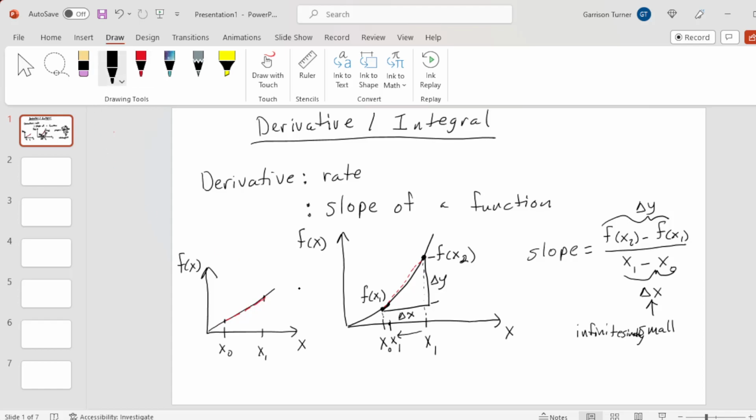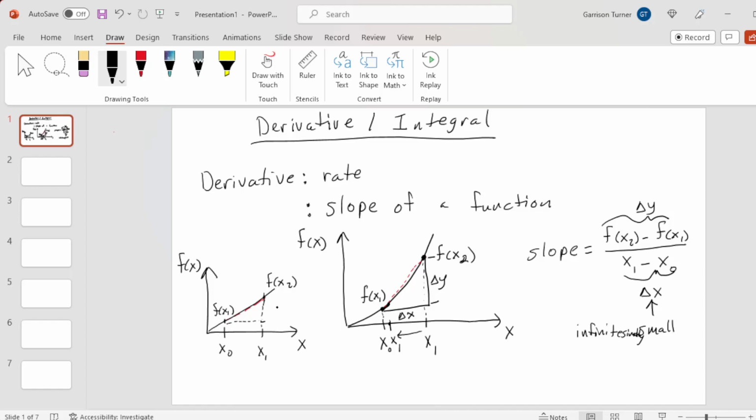And so the difference in my y values, again, is going to be the function evaluated at my second point minus the function evaluated at the first point.